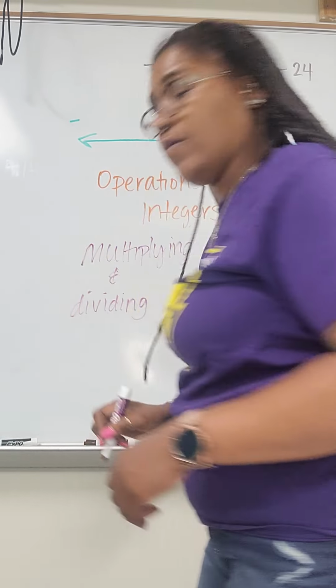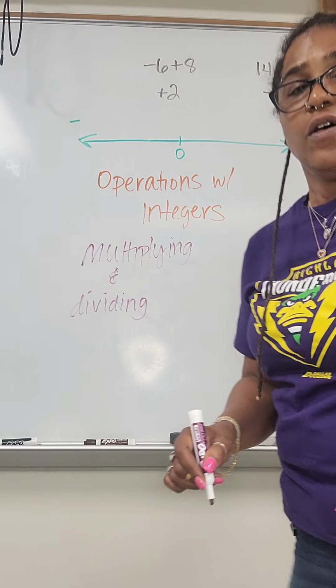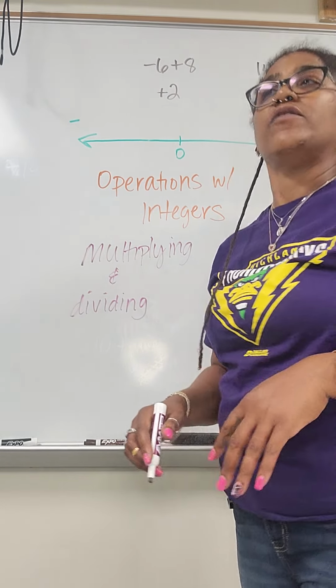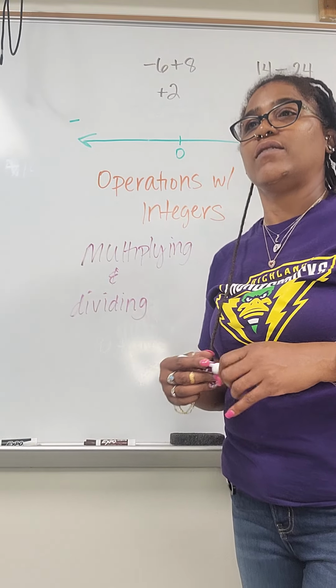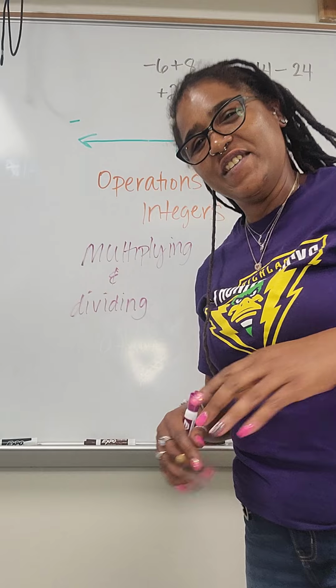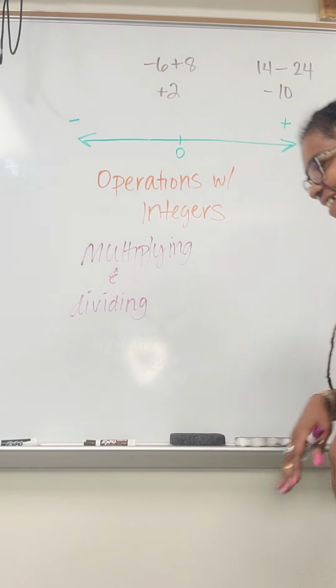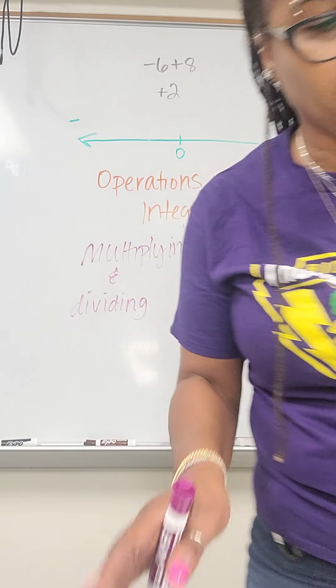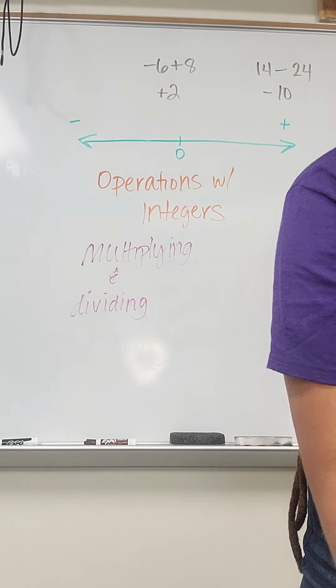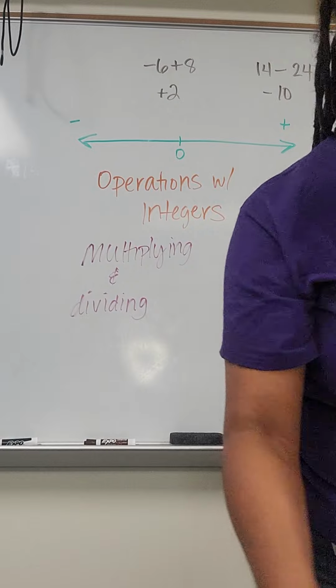Anyway, now the rule for multiplying and dividing integers, once I show it to you, it's going to be a little bit easier. It's easier to remember. You might not implement it as easy, but you should. So I'm going to go first to the shortcut, what I'm talking about, okay?